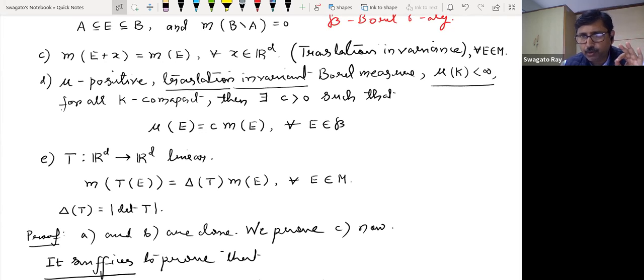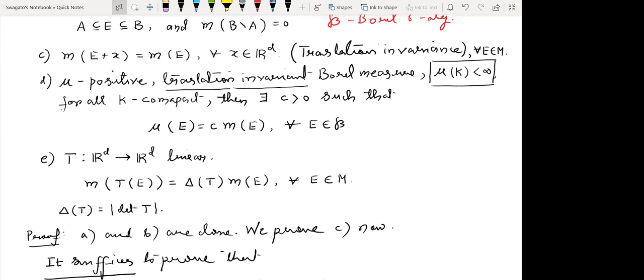Now, can you tell me why this property has been added? Why is it so important to have measures of compact sets finite? Anybody? Because we can apply RRT maybe.